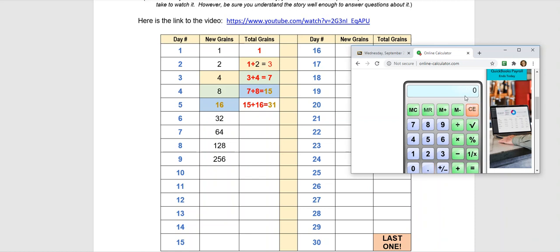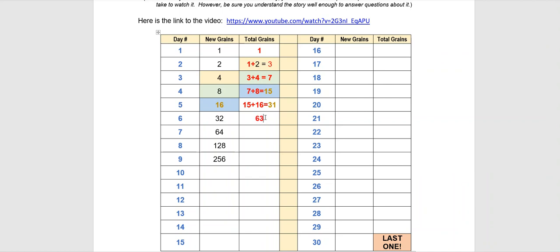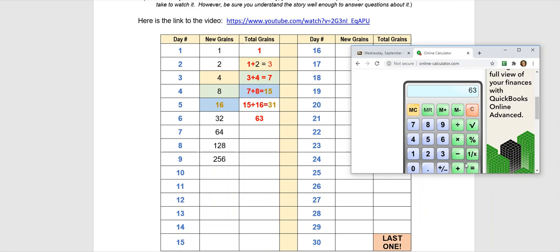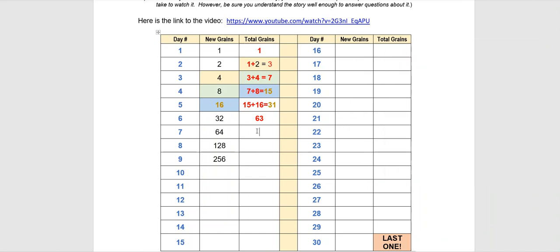If we clear this, and let's say we had our 31, what do we get when we add the 32? And then I could put in my 63 here. My calculator already says 63, so I can just add this new 64 to get the 127 here, and so on.